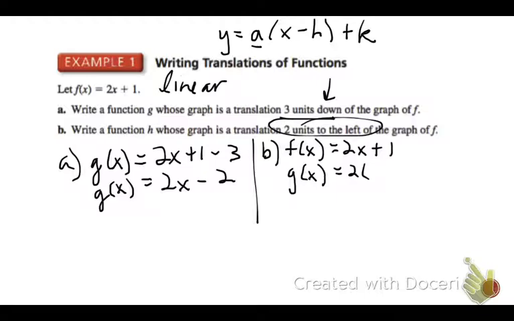So I'm going to open parentheses and put x plus 2 and insert that just there. And now I'm just going to do the math, so I'll distribute my 2, and then clean this up. 2x plus 5.